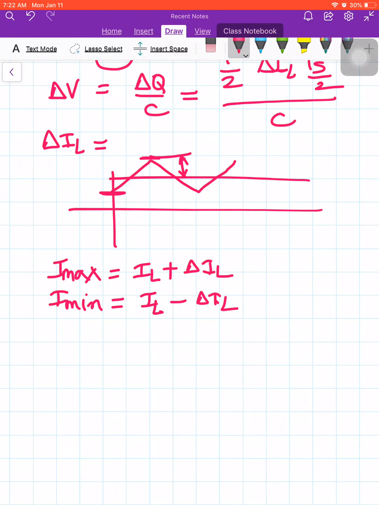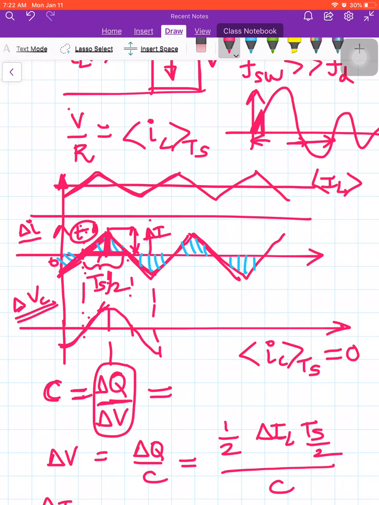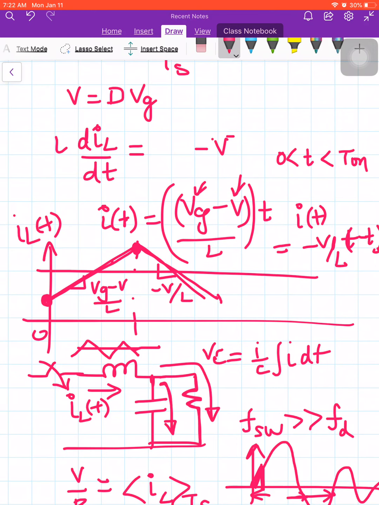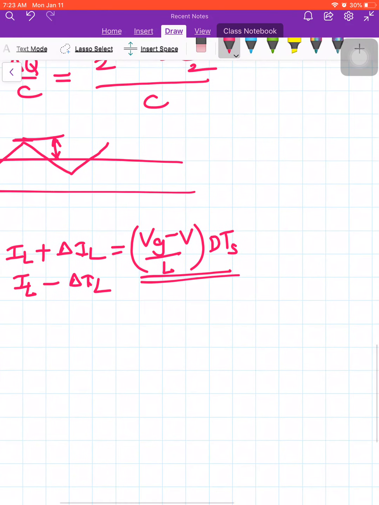Right? So what is Imax? Imax is nothing but Vg minus output voltage by L into dTs, right? We have written down that expression right here. So when I place dTs, that will be equal to the change in current, plus Imin. Why?